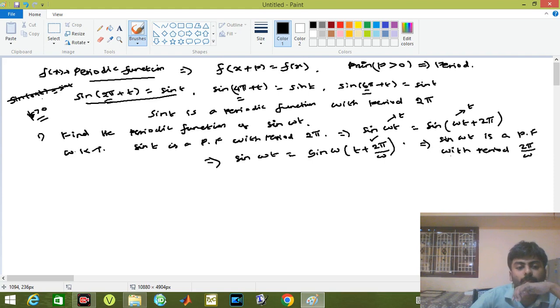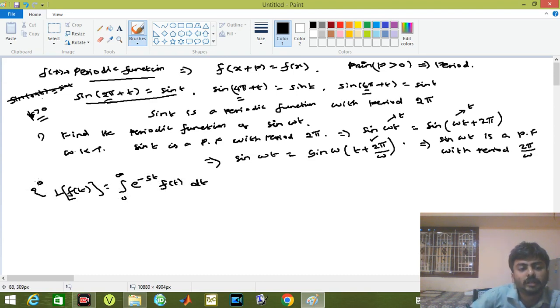Okay, and now for this periodic function, how will you write a Laplace transform? When f of t is an ordinary function, your L of f of t will be integral 0 to infinity e power of minus st f of t dt. This is for an ordinary function.